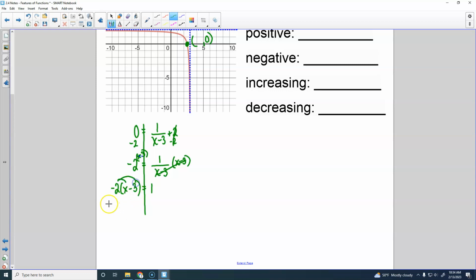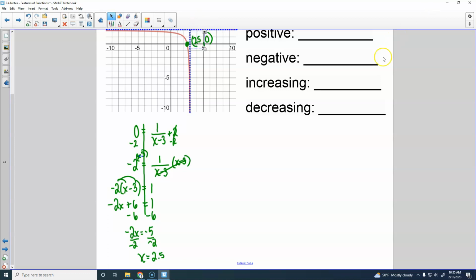You can distribute: negative 2x plus 6 equals 1. Subtract 6. Negative 2x is going to equal negative 5. Divide by negative 2, and you get 2.5 right there. So this is the point (2.5, 0).